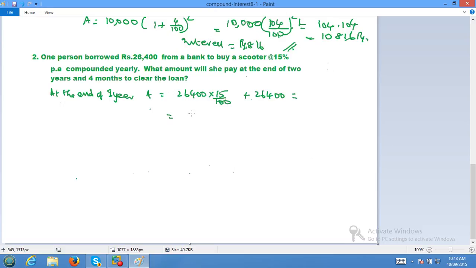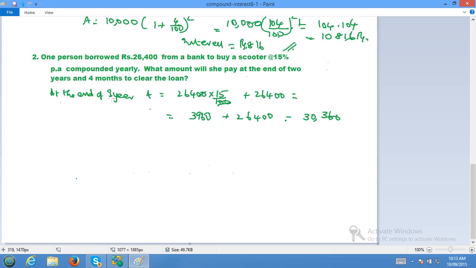So this interest, if you work out 15% of this, is 3,960. You can cancel the two zeros, work out 15% and then add the principal. So at the end of the first year, 3,960 plus 26,400, you get 30,360.